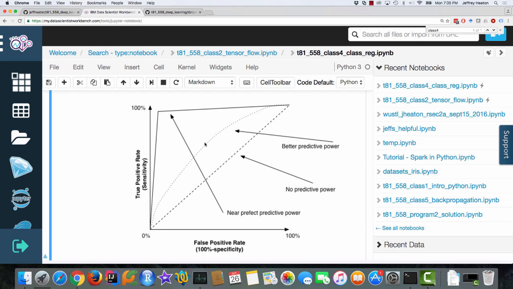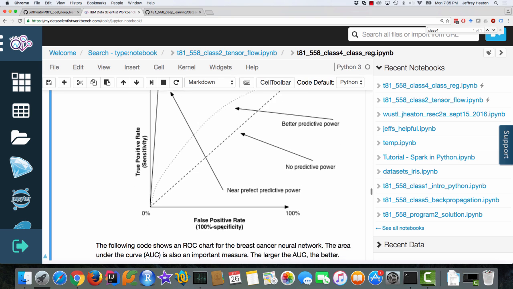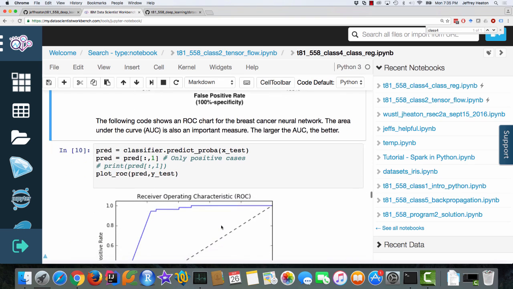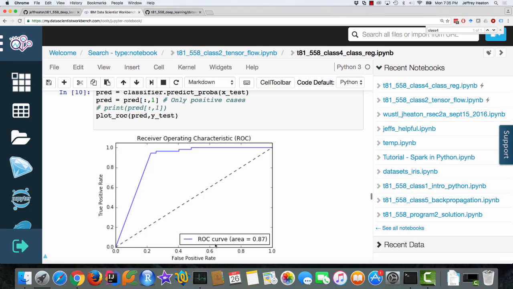Most models will land somewhere in the middle here. A near perfect one would be somewhat up there. A real one, like we see when we plot it here, looks something like this. So you're always going to start in the corner and always end in the corner.